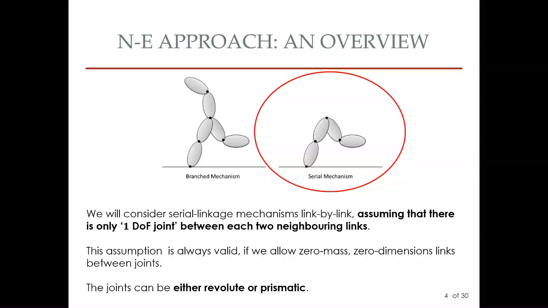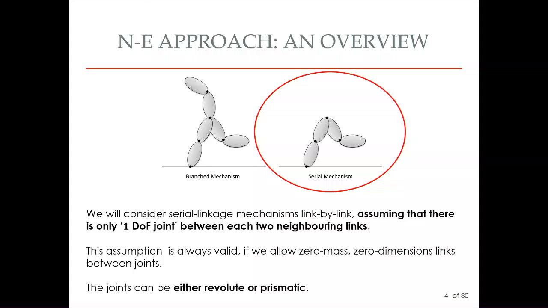If after this set of lectures you are not sure how to apply the method or apply the equations with some changes to a branched mechanism, ask me, okay? Because the logic is still the same. We analyze link after link, we analyze the forces and moments acting on each link. So what happens in a branching point is not something too difficult.